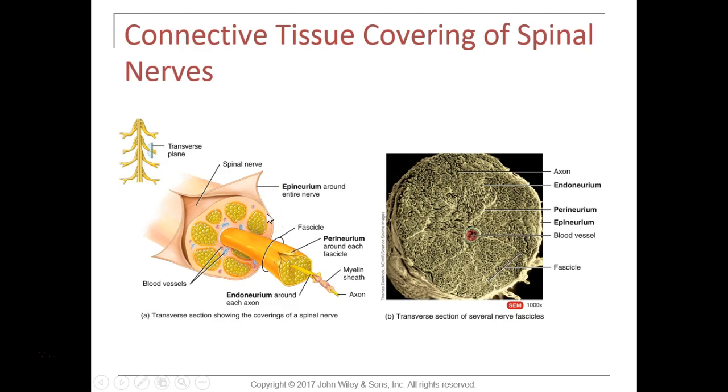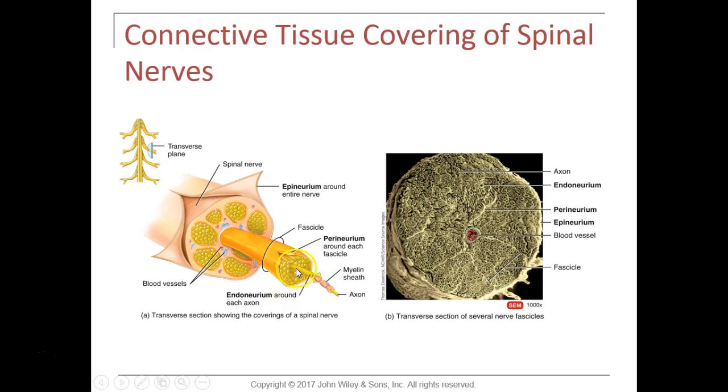On the inside, axons are organized into circular structures called fascicles. Each fascicle is separated from the others within a single nerve via connective tissue called the perineurium. So the perineurium organizes groups of axons in one circular structure called a fascicle.